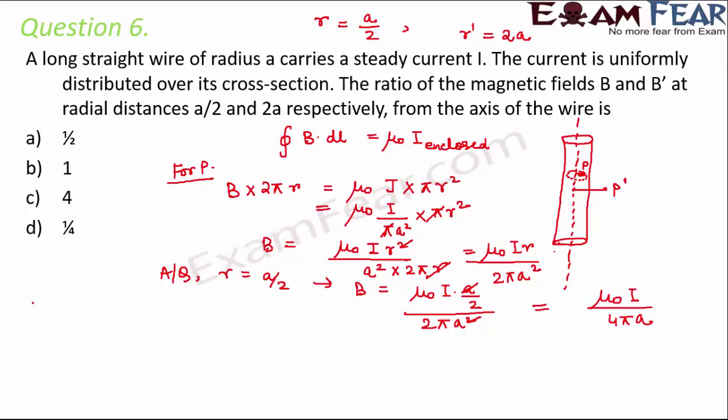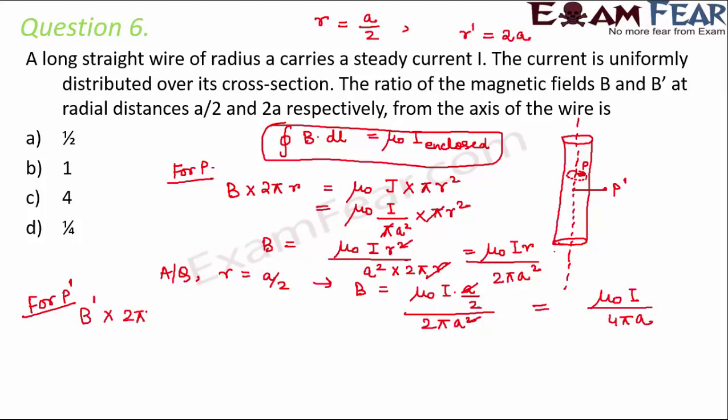Now let us similarly try to find out the value of B dash. So now we will focus on point P dash. There also we will apply Ampere's circuital law. Outside this straight wire there is no current flowing, so current is flowing only within the straight wire.